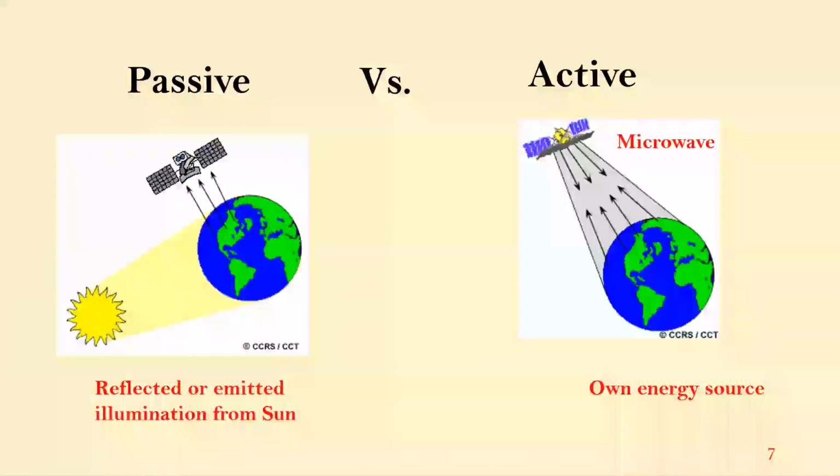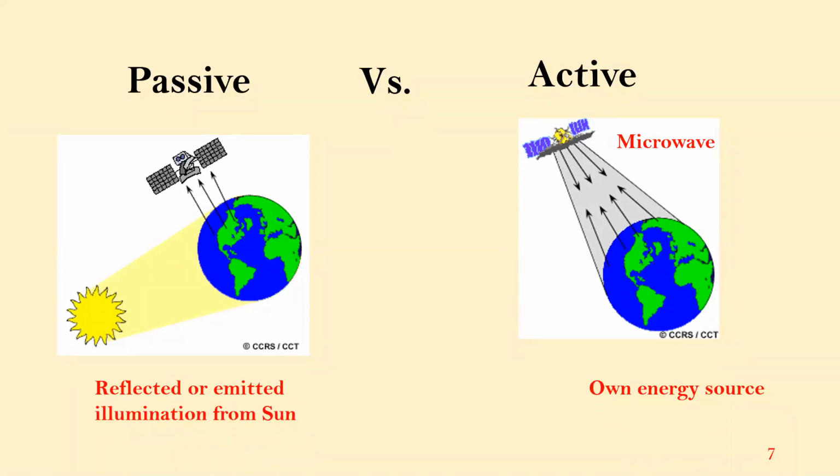Remote sensing systems can be classified by energy source into passive and active. The passive remote sensing system uses the illumination source from the sun. The reflected or emitted illumination from the sun is captured by the passive system, so it is only operational during daylight time. But in the case of an active remote sensing system, it has its own energy source.